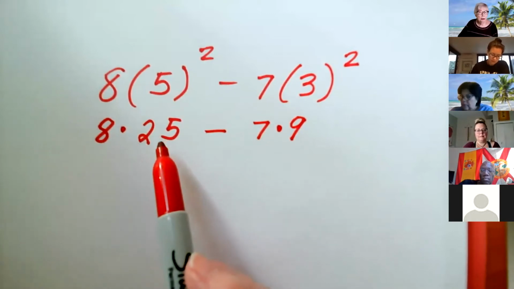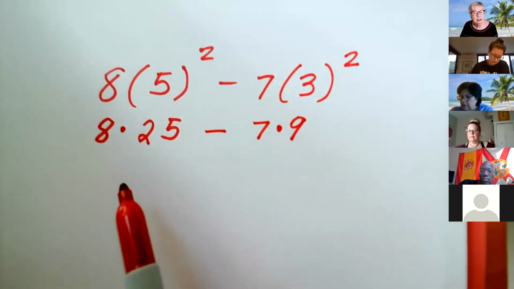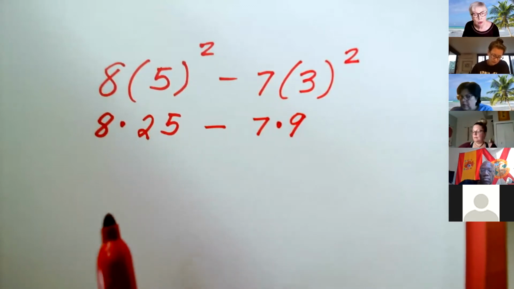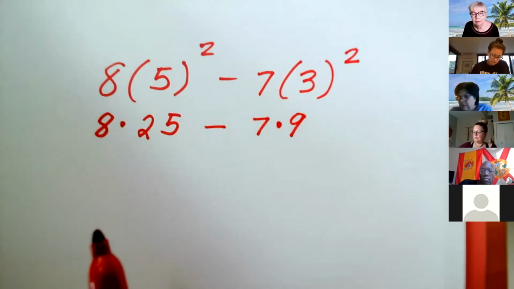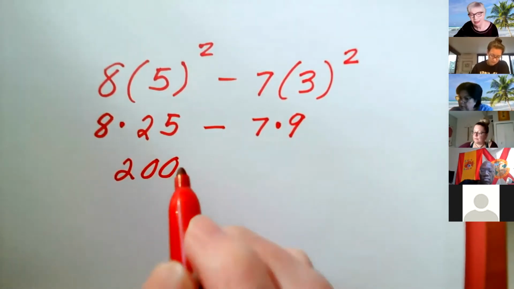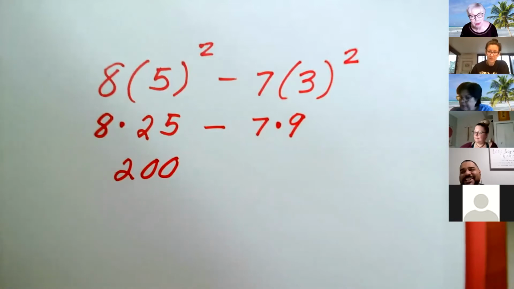8 times 25, if you think of money, and a lot of people are good with money, 8 quarters would be how much? 200. Excellent. Most people know the math when it's money.